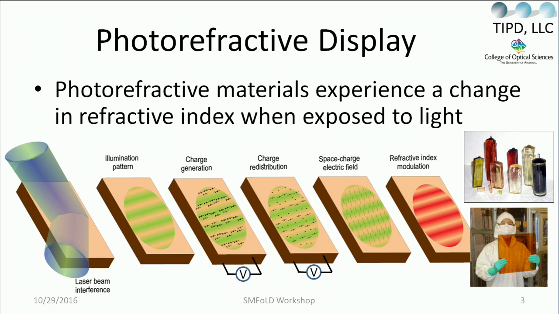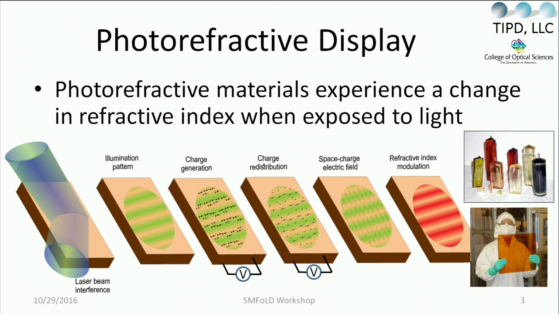The first system is a photorefractive display. Photorefractives are materials that change light intensity into refractive index contrast. Here on the far end is an interference pattern that's generated, and you can see the light and dark regions. The light then separates electrons and holes, just as an easy way to think about it, and they move from the light regions to the dark regions.